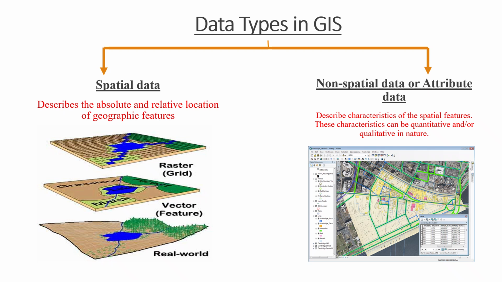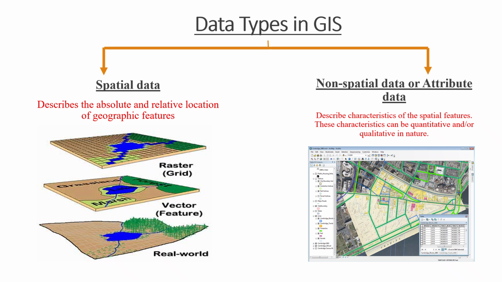Non-spatial data, also called attribute data, describes the characteristics or properties of those spatial features. It tells us what the feature is. For example, a land parcel may have attributes such as owner name, land use type, area, and land value. These attributes can be qualitative, such as land category, or quantitative, such as population or rainfall values.